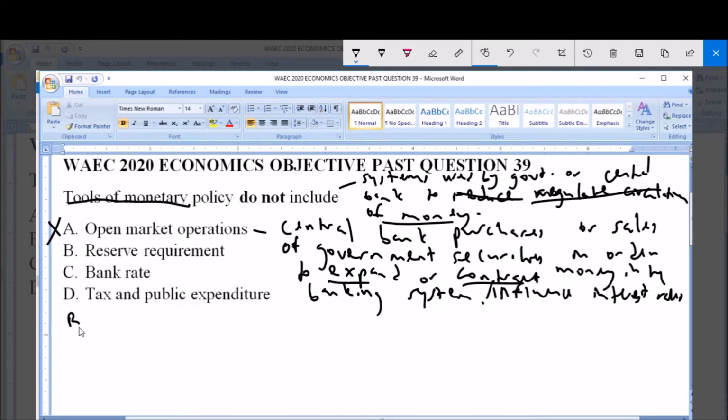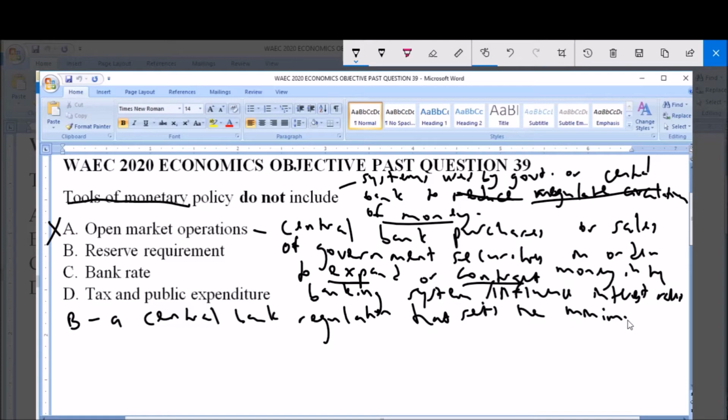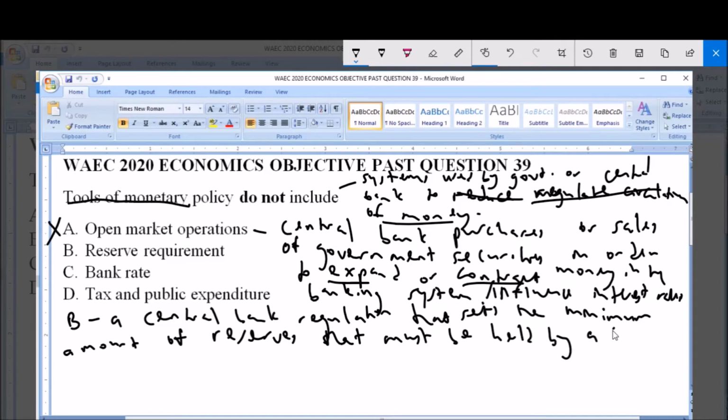Now option B says reserve requirement, and reserve requirement is a central bank regulation that sets the minimum amount of reserves that must be held by a commercial bank.